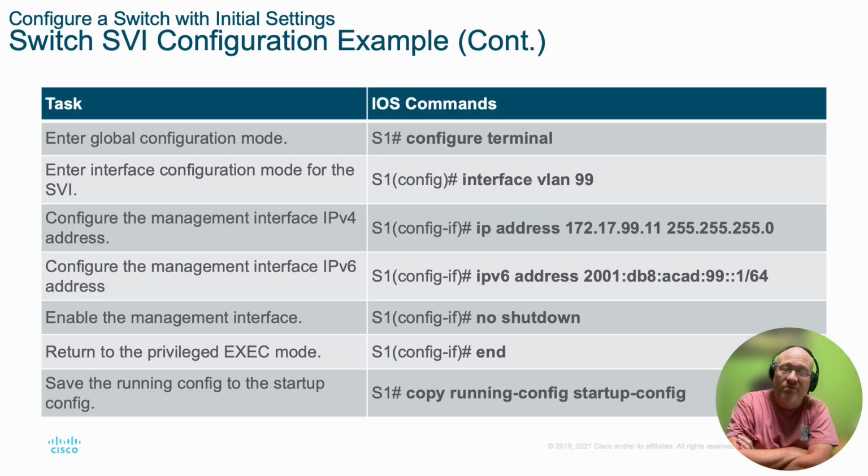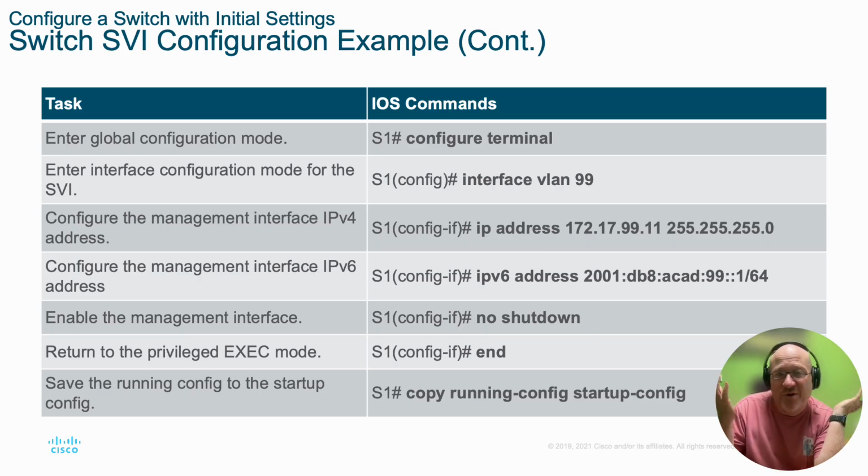So the trick is you give the VLAN an IP address, but that could be the IP address of an aggregate of several ports. And you can give it an IPv4 and IPv6 address, and then you bring it up. No shutdown. You can shut down VLANs as well, virtual local area networks.